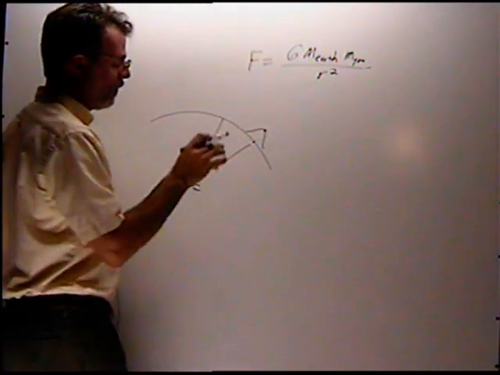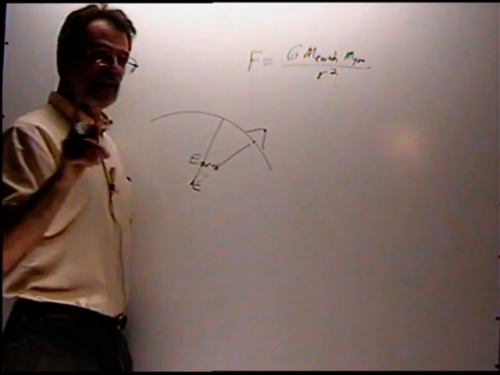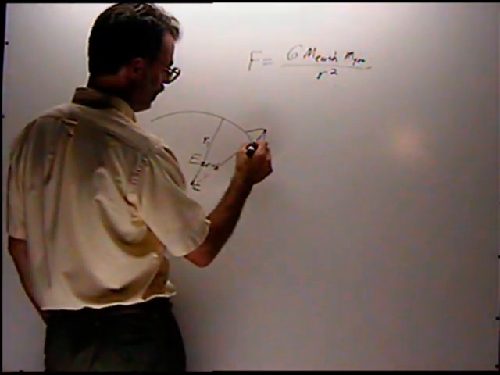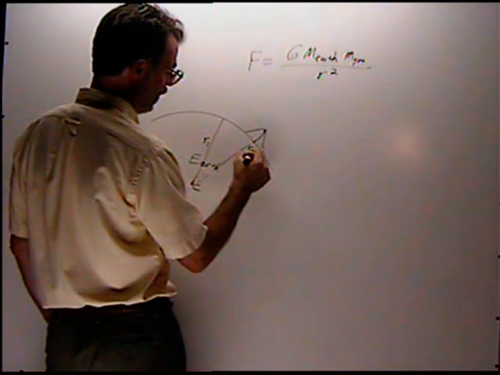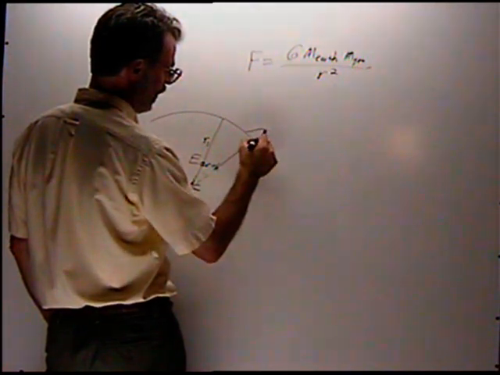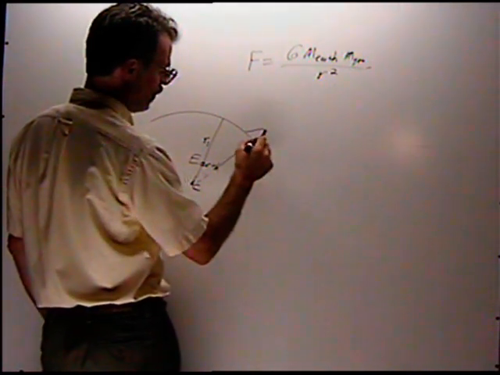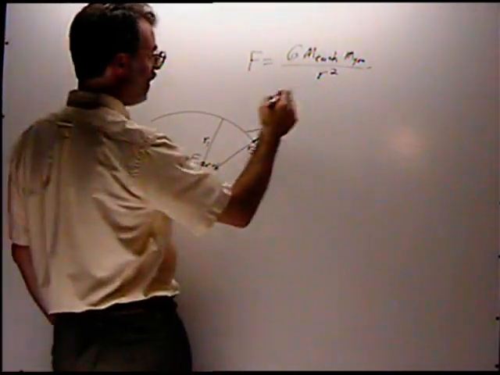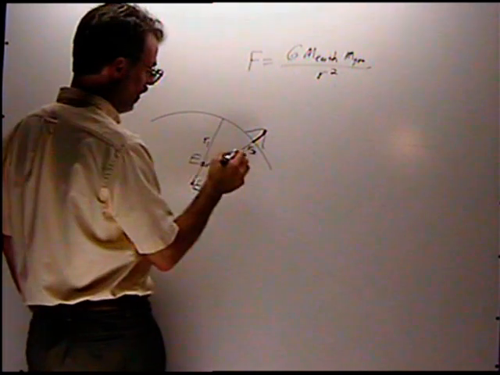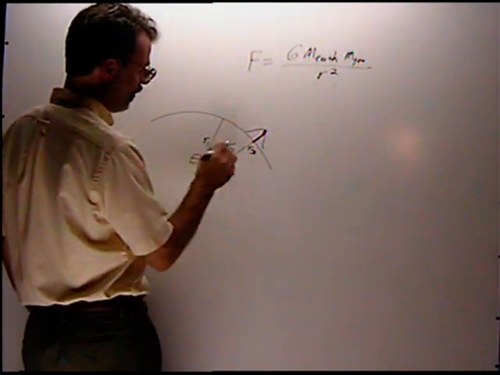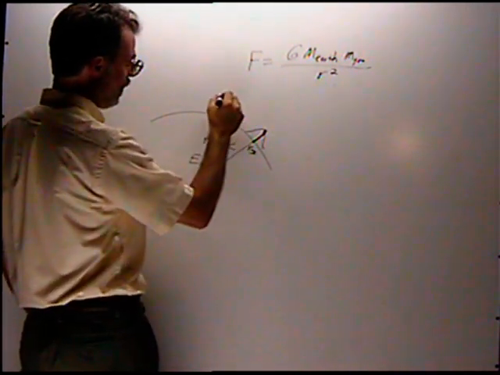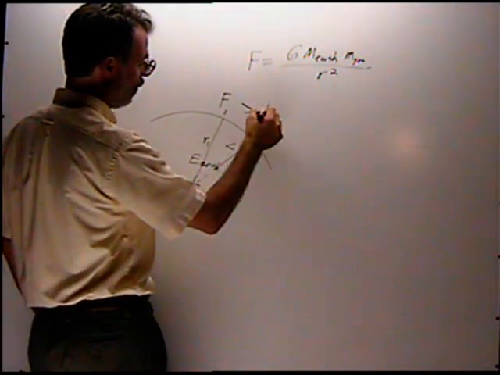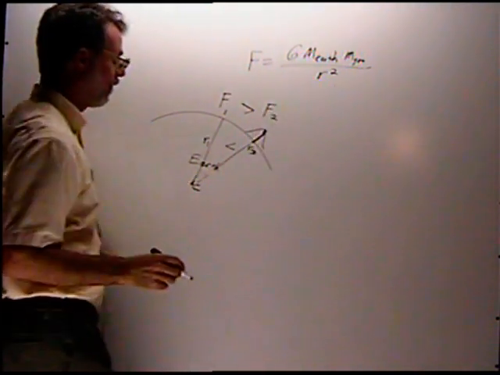Now, the first answer is this. We have R1. Here we have a little R2. This little increase, because of Pikes Peak, increases R2. So since R2 is greater than R1, that means the force of gravity at 1 will be greater than the force of gravity at 2.